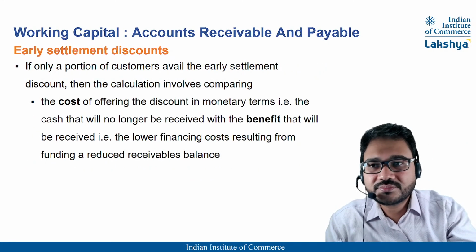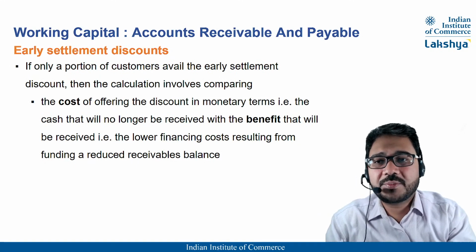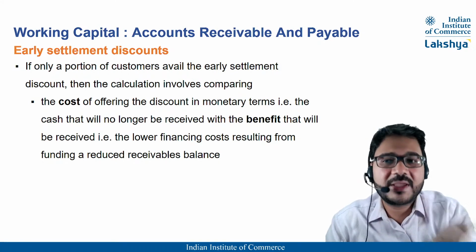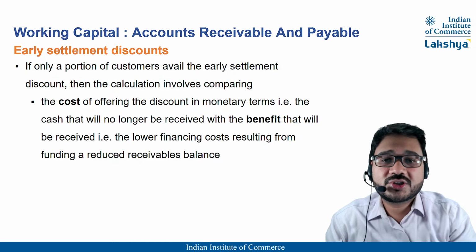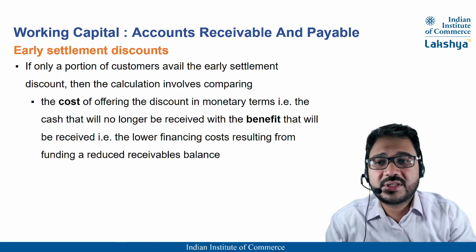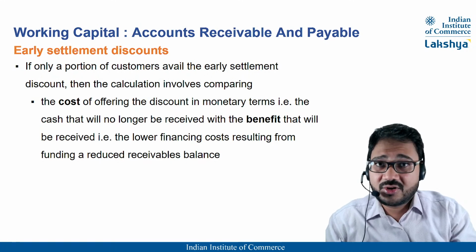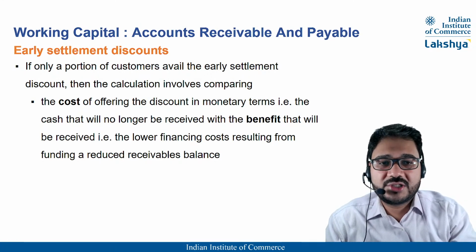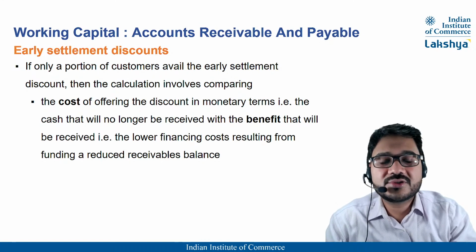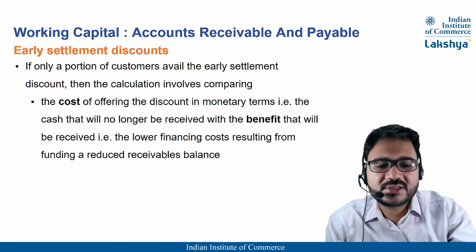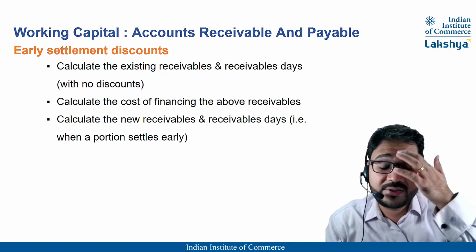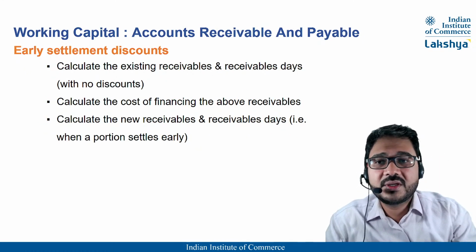Now, if any portion of the customers avail the early settlement discount, then the calculation involves comparing the cost of offering the discount in monetary terms, that is the cash that will no longer be received, with the benefit that you're enjoying, that is lower financing costs resulting from funding a reduced receivable balance. Okay, lesser overdraft required and interest paid on that overdraft.